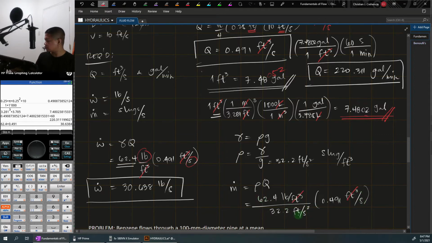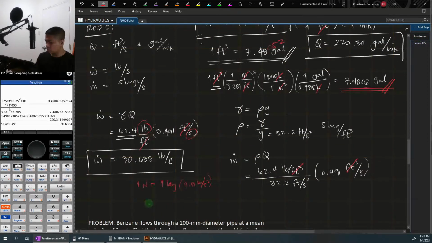So we can cancel this. Paano makakancel ngayon itong feet per second square dito sa pound? So this is similar lang din naman sa yung 1 Newton is 1 kilogram times 9.81 meter per second squared.